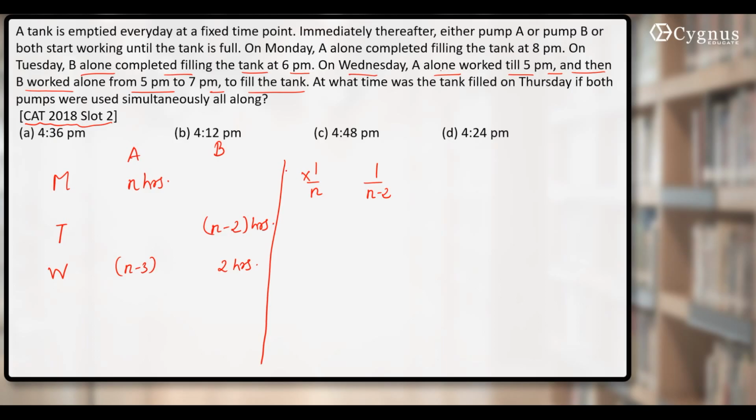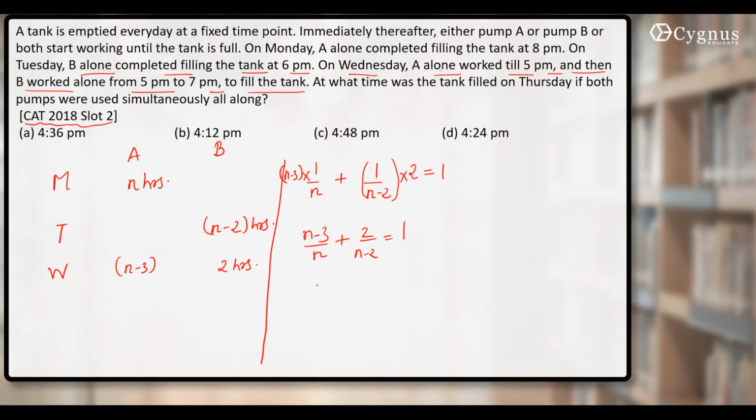So the contribution of A will become N minus 3 into 1 by N, plus the contribution of B. This is 1 hour's work of B and B was on for 2 hours, so let's multiply it by 2. And after that, the tank gets filled. That means this work must be equal to 1. Now after solving this, (N minus 3) by N plus 2 by (N minus 2) is equal to 1, I'll get the value of N.